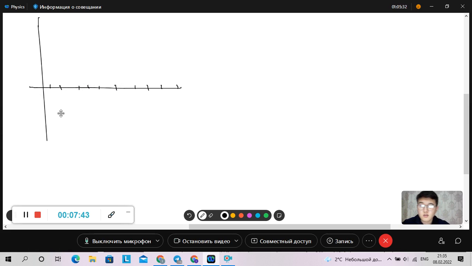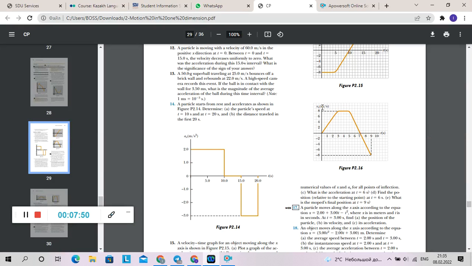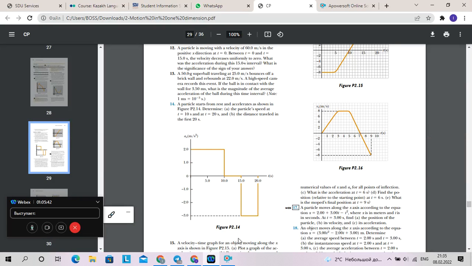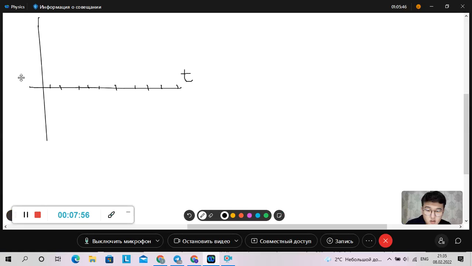The seconds, time. The velocity-time graph. Four, 6, 8. The main sequence.